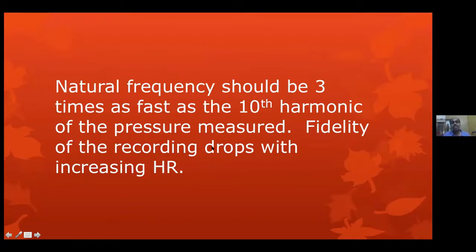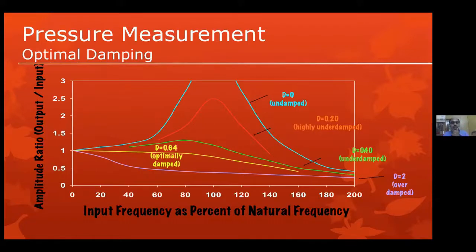But if the heart rate keeps increasing further and further, it will fall into the natural frequency range where we will not be able to record accurately. So let us assume this is the natural frequency. If the heart rate is quite slow at around 60, even the 10th harmonic will fall in this range.